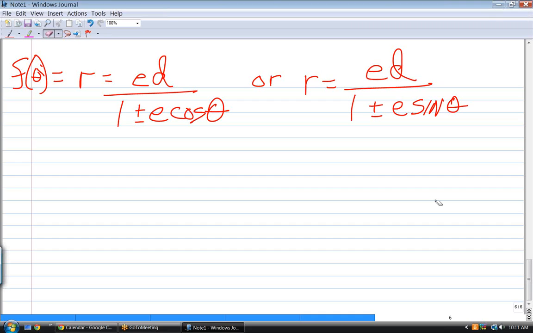And e is the eccentricity, and the absolute value of d is the distance between the focus at the pole and its corresponding directrix. Okay, so this is going to give us ellipses, hyperbolas, and parabolas. Not circles, because e is 0 for a circle.